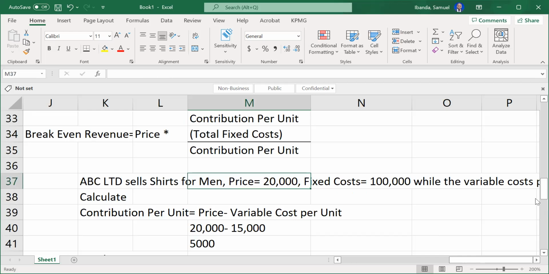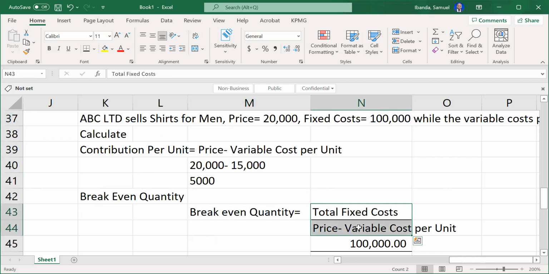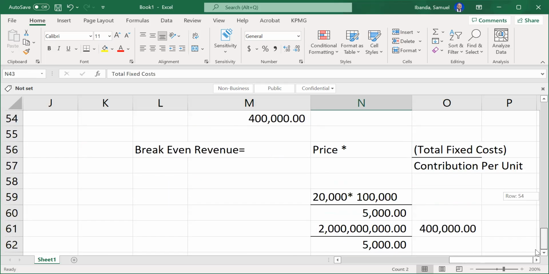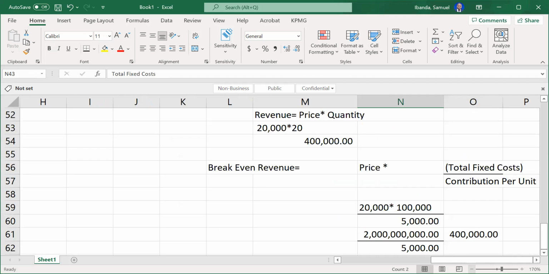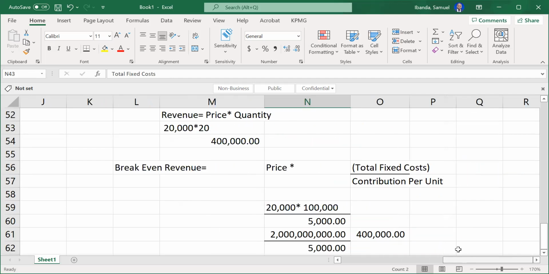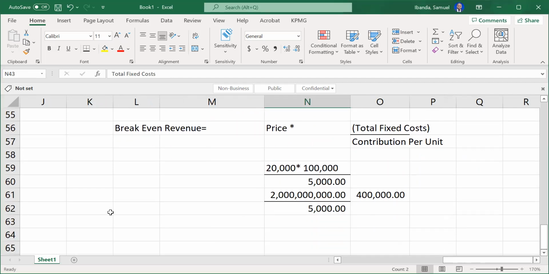You don't have to cram this formula, but you understand it, and you can easily put down the information as and when it is needed, okay? So I want us to look at something called target profit.